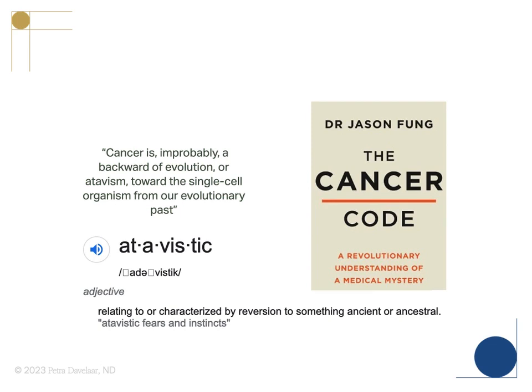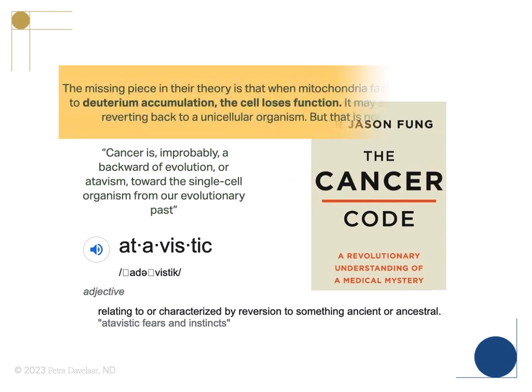He writes, cancer is improbably a backward step of evolution, or atavism, toward the single-cell organism from our evolutionary past. His book is a paradox to contend with. Fung does an excellent job describing how the genetic paradigm has failed and then makes a case for how these same mutations, by evolutionary force through Darwinian selection and selection pressure, cause cancer.